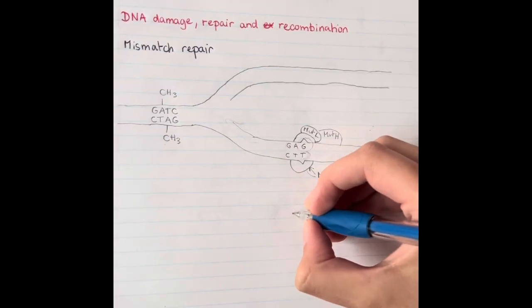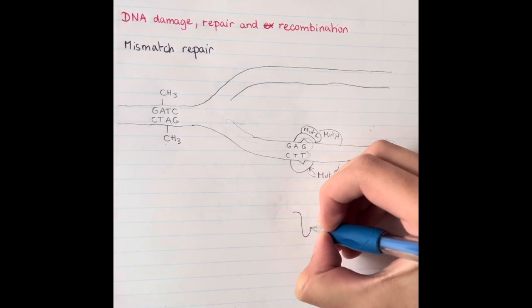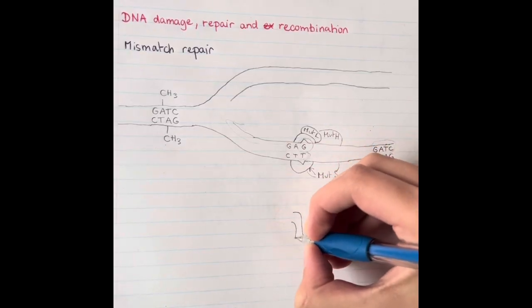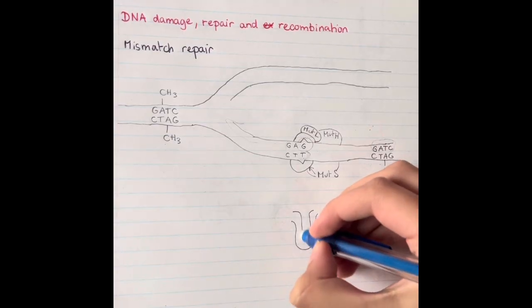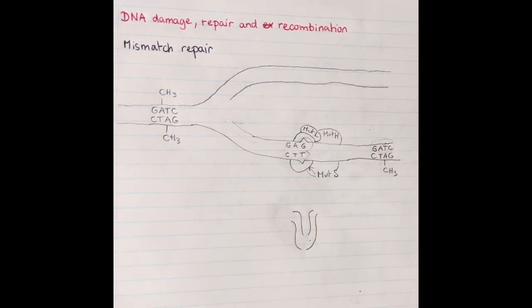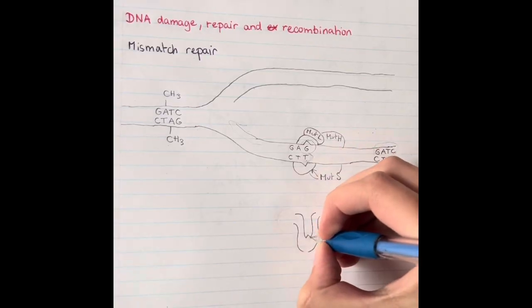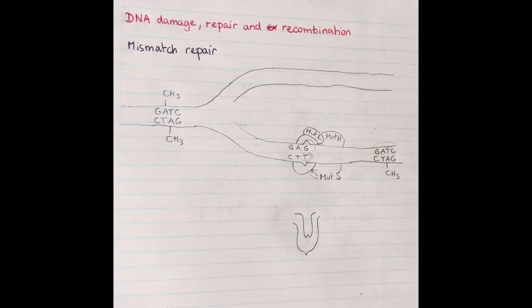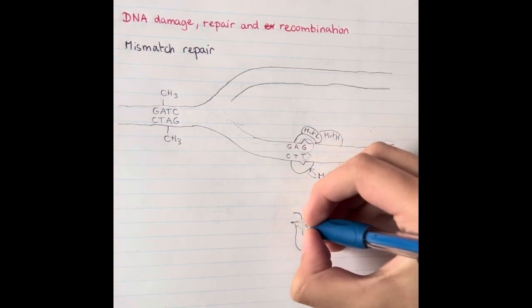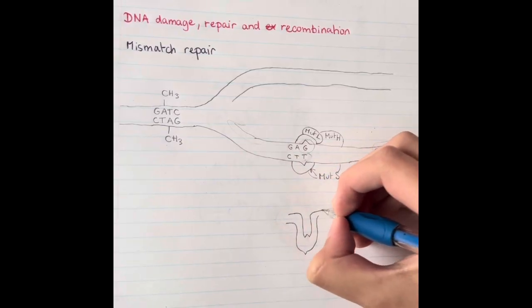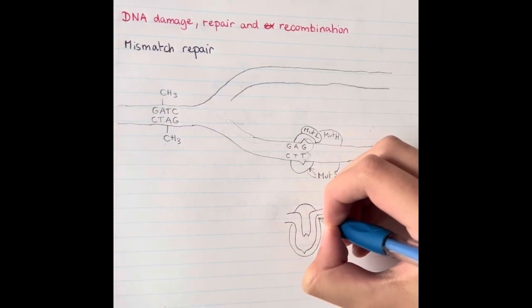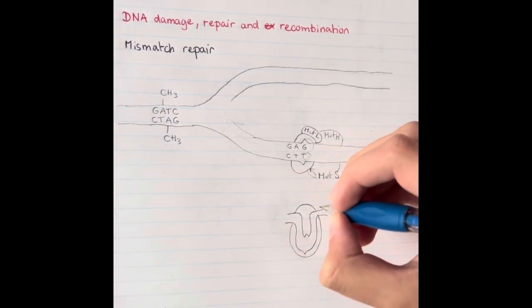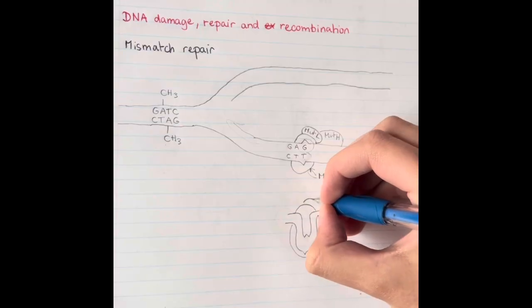And so what is going to happen is that there is going to be a sort of loop. Actually, the mismatch would be sort of here, and I'm not going to redraw everything, but the complex of MutS and MutL would be here.